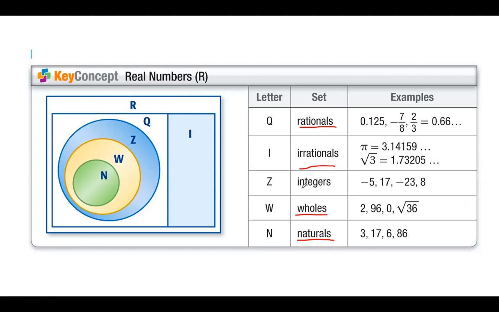Next we have integers. Integers are made up of all the naturals, all the whole numbers, and then we also include all the negative versions of the whole numbers. So positive and negative versions of whole numbers are what's included in our integers.